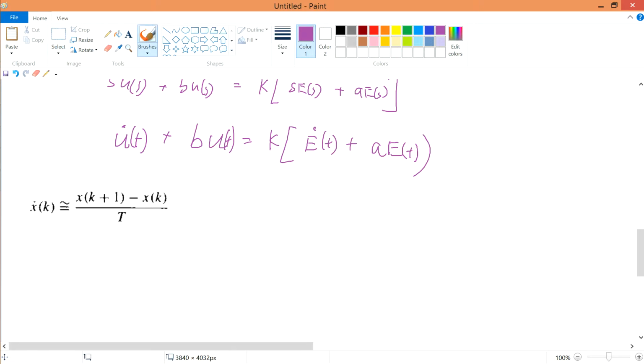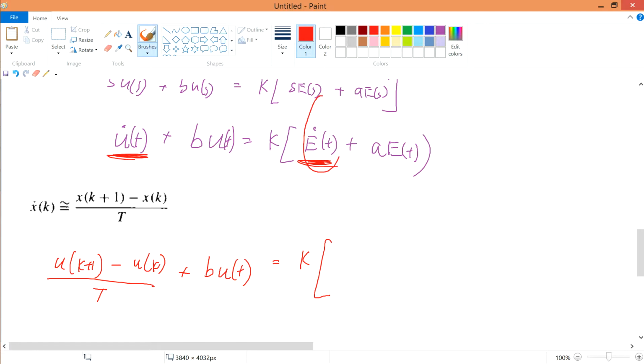So we just sub in u dot t, because this is simply u dot t and e dot t over here. Instead of x, we just sub it as u. So (u(k+1) minus u(k)) over T, the time period, and then the rest is the same.